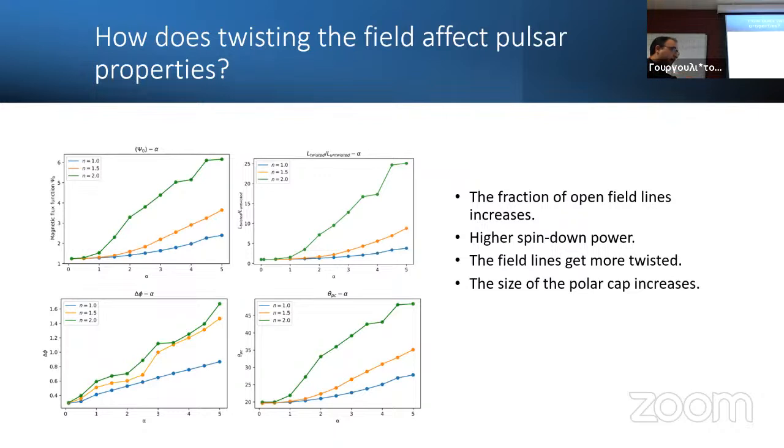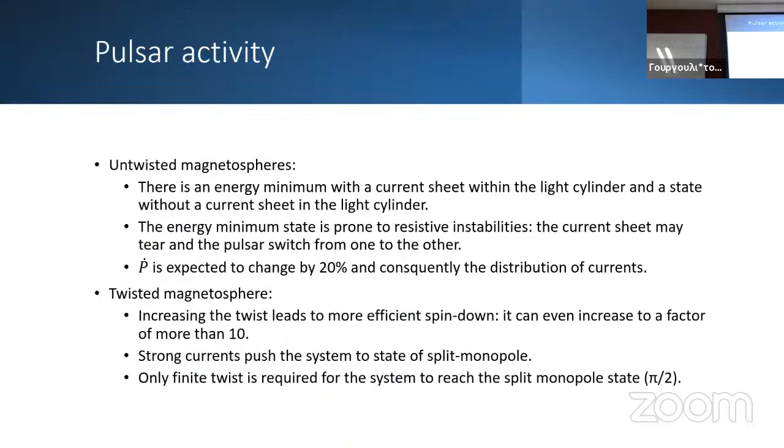Now, these values are based on the assumption, in the simulation that we took, that the light cylinder is 10 times the radius of the star. In reality, especially in magnetars, the light cylinder is probably 1,000 times the radius of the star. But still, the argument will hold, though, for much smaller polar caps.